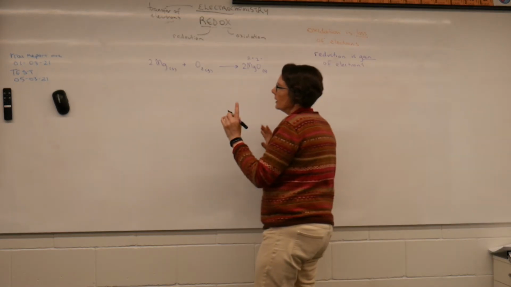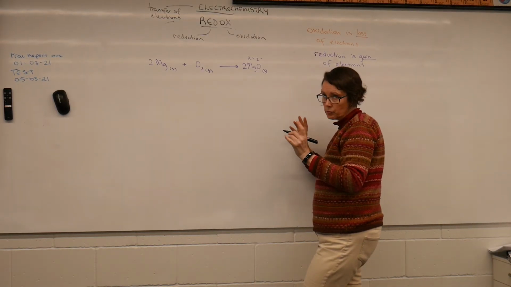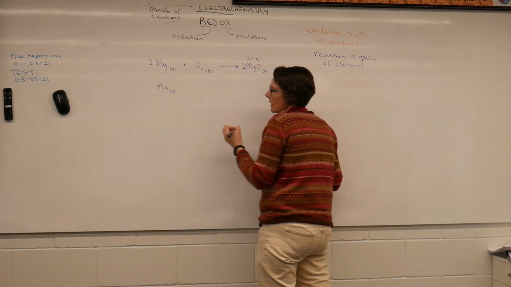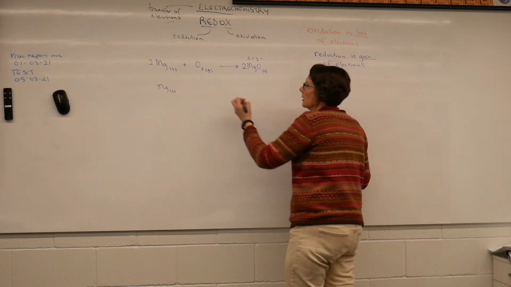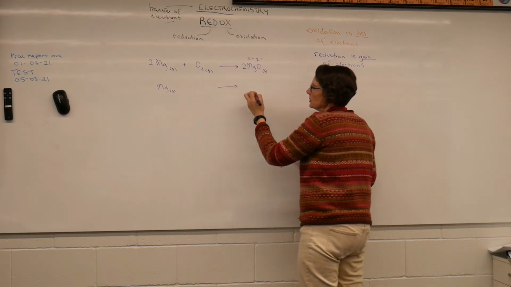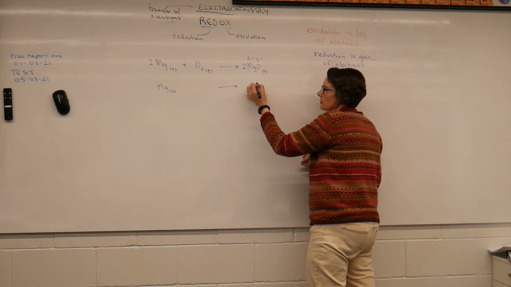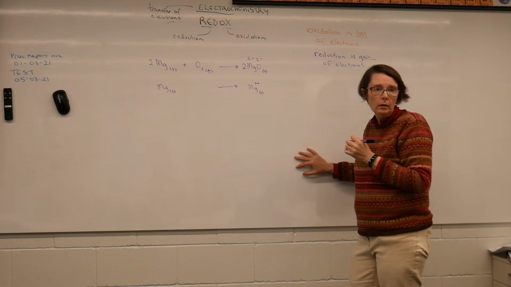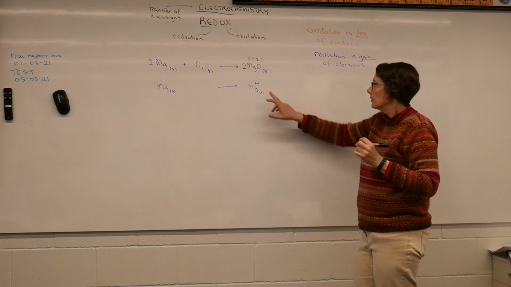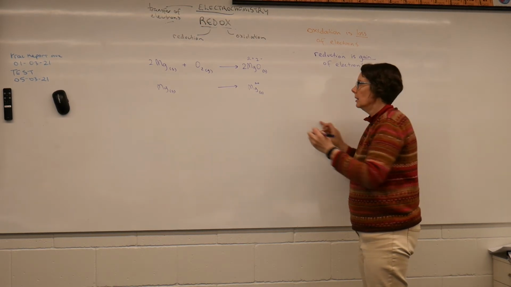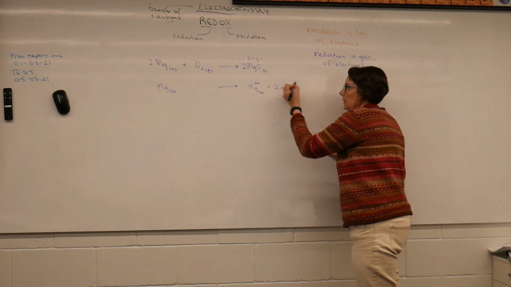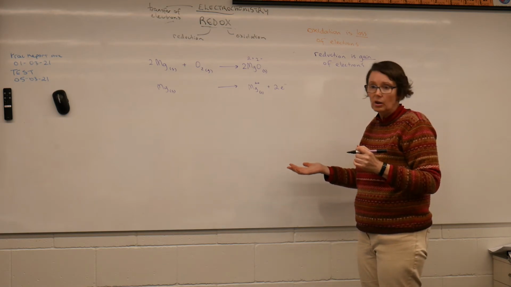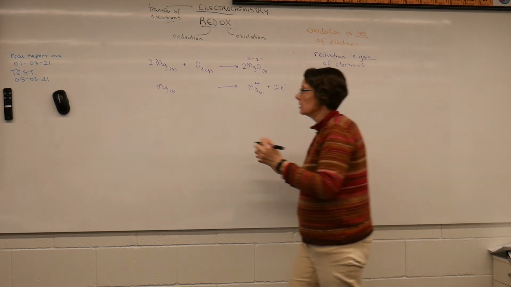So if I look at magnesium from a redox perspective, I started out with solid magnesium and I've produced magnesium ions. They're in the solid, but there's still ions. So if it has a 2 plus charge, then it has donated 2 electrons. And this is oxidation then.